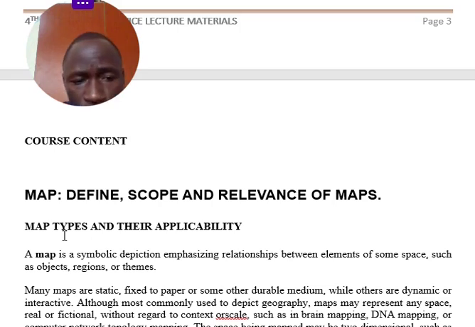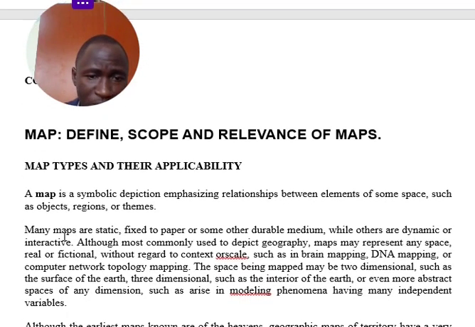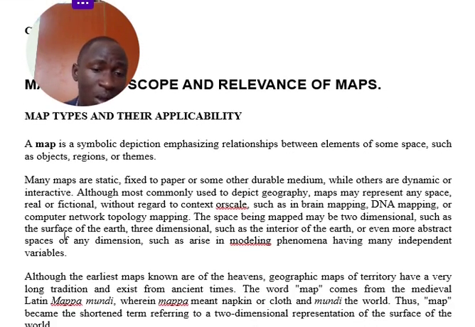This time round, we are going to be looking at maps. What are maps? Then we talk about the types of maps and other definitions concerning maps. Then we also look at the relevance of maps.